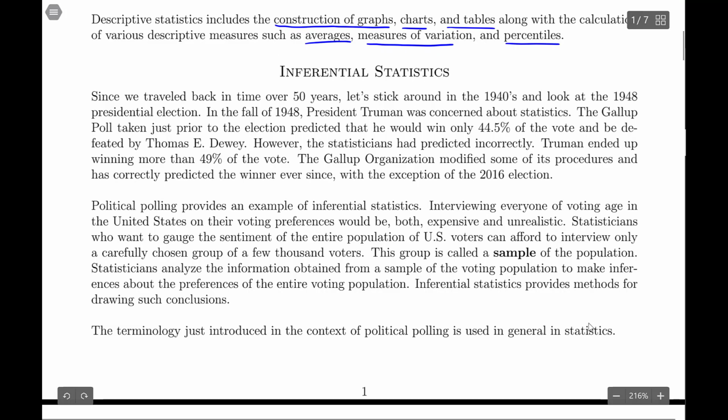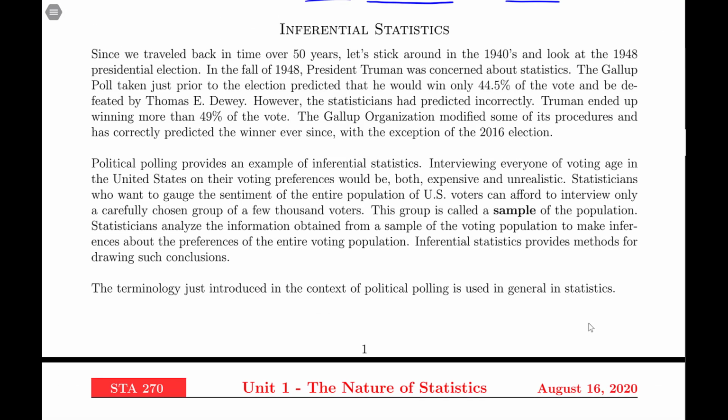So when we talk about inferential statistics, like I mentioned earlier, if they interviewed everyone of voting age in the United States, it's going to be very expensive and unrealistic. We're not talking about conducting the actual election. We're just talking about doing a poll to find out how the election may play out.